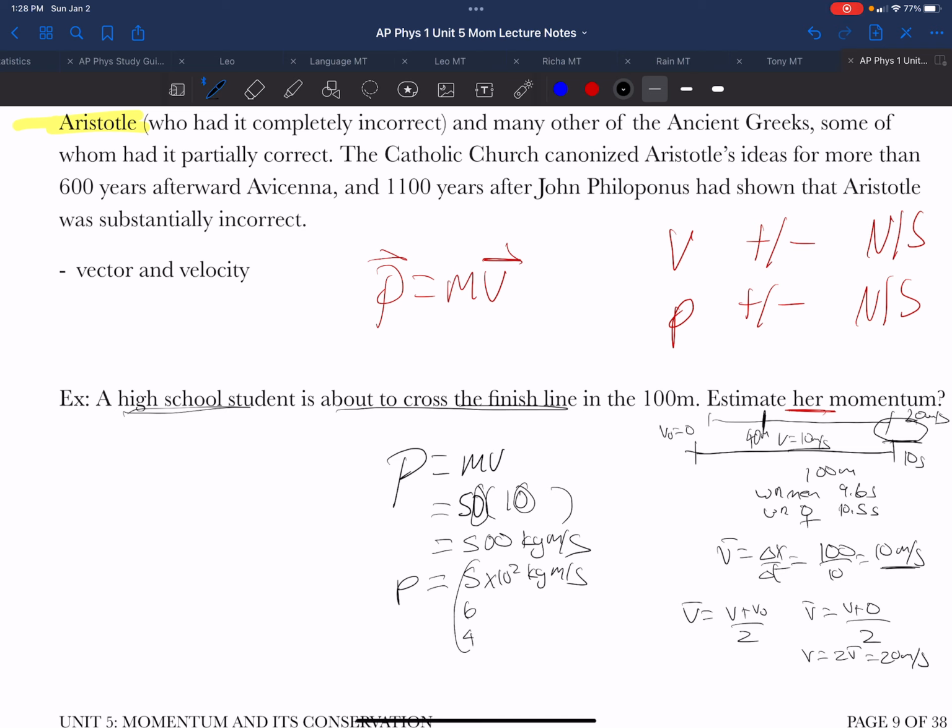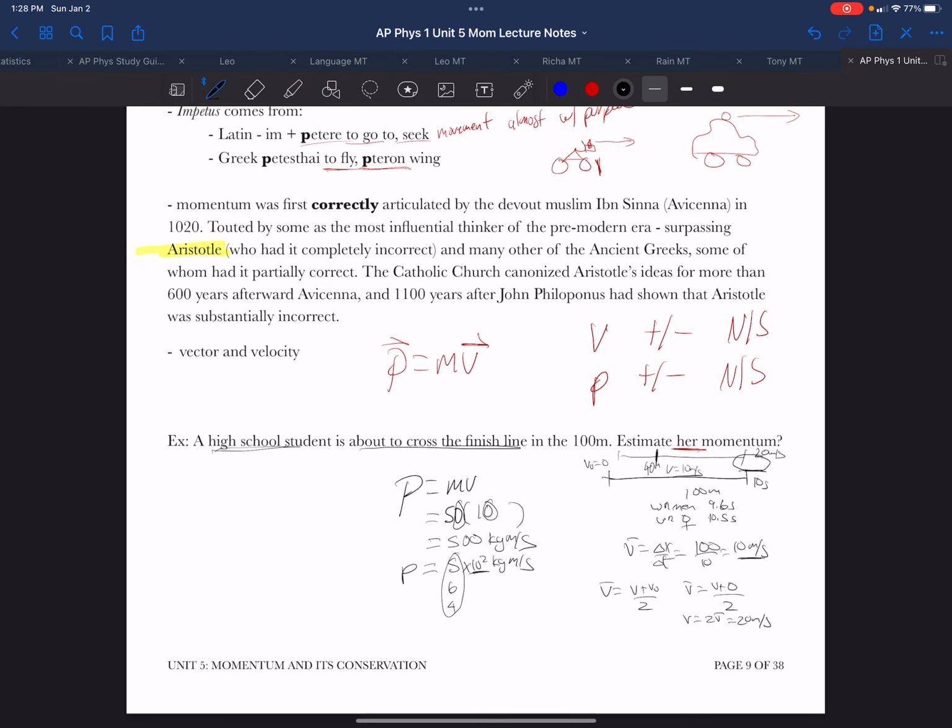We're saying we're not sure which hundred it is, but it's about 100. Could be 4 times 10 to the second, could be 6 times 10 to the second, could be 5 times 10 to the second. So just doing a simple momentum calculation was too basic as our first calculation. I wanted to throw in an estimate here. But that's how we would use that formula to determine the momentum.